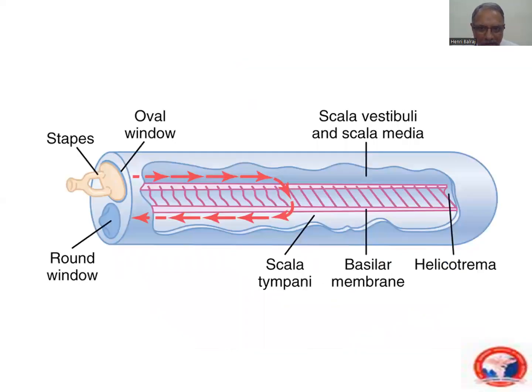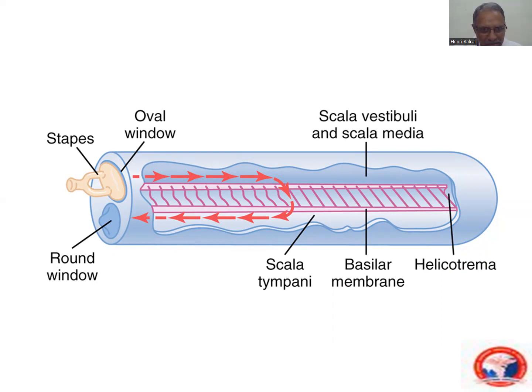This is the cochlea rolled out. The 2.5 times rounded cochlea is stretched out, and this is the stapes, which is responsible for conveying the compression and rarefaction of the air via the tympanic membrane and the ossicular chain of the middle ear.